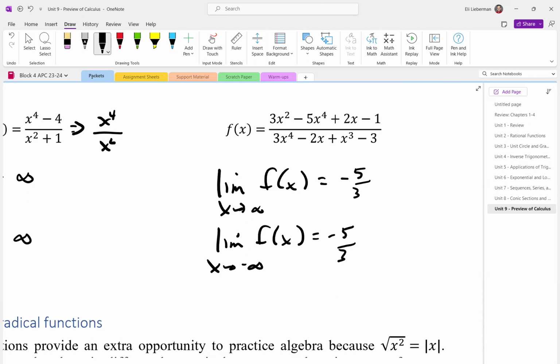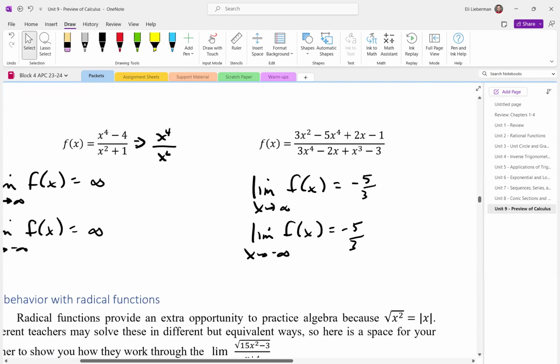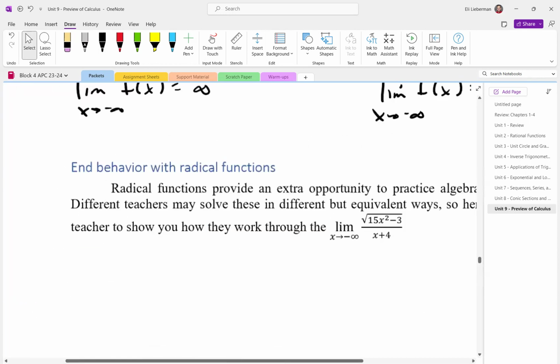Of course, it's important to remember that if it is bottom heavy, then the limit as x goes to infinity and negative infinity would be 0. So far, so good. Nothing super new, I think, just kind of a rehash of what we've done before.